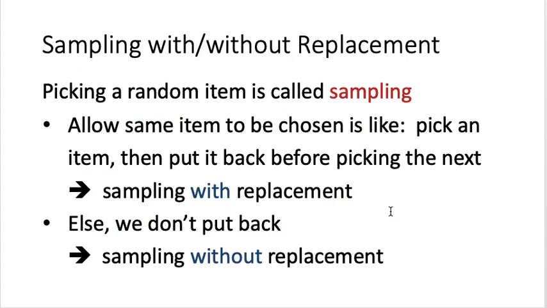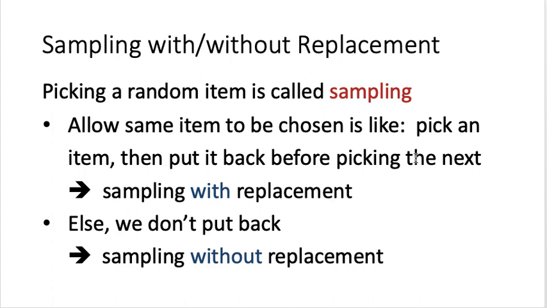Okay, so in the end, let me introduce two terms. First of all, we are doing a process of picking a random item, and this process is usually called sampling. We take a sample. If we allow the same item to be chosen, it is like the scenario where we pick an item and put it back before we pick the next one.